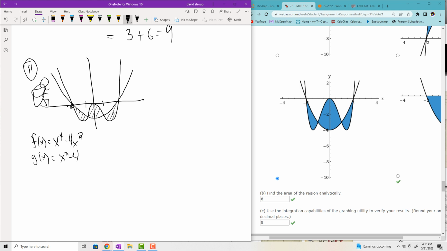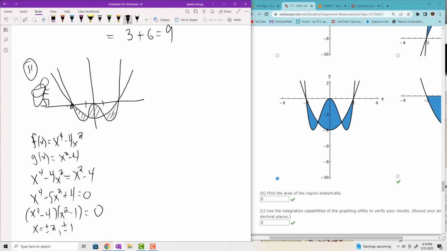To figure out the limits on those integrals, you need to find the intersection points. So I have to set them equal to each other. It's a quadratic form, which is nice. And then x is going to be plus or minus 2, and then plus or minus 1.